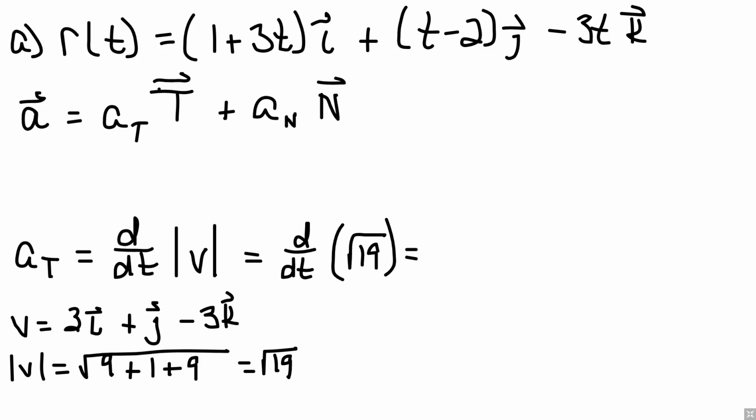No, because the i component is just 1 plus 3t. Derivative of that is just going to be 3. So 3 squared is 9, yes, for that in the velocity.